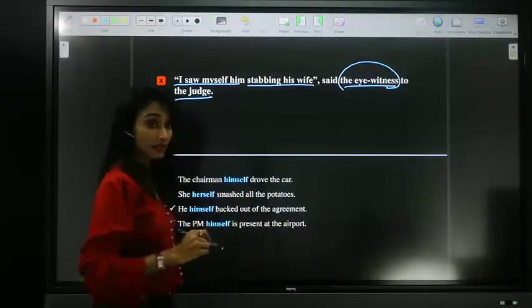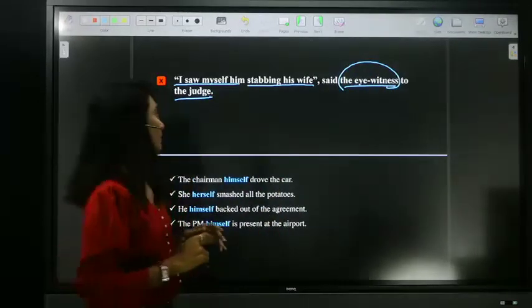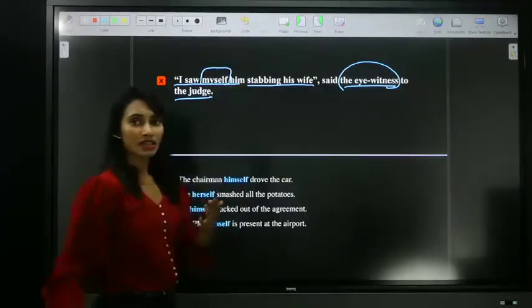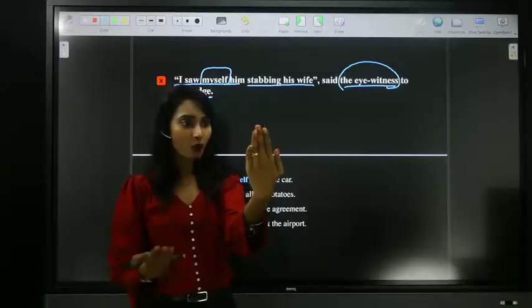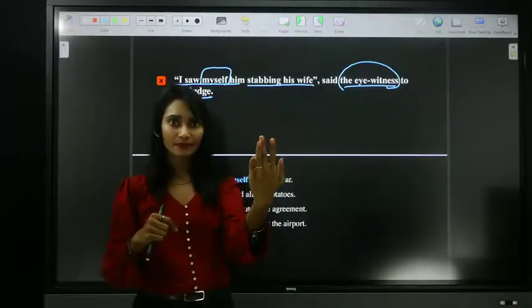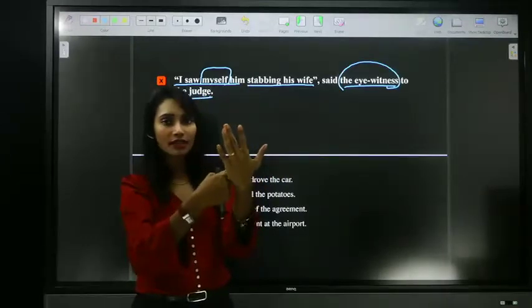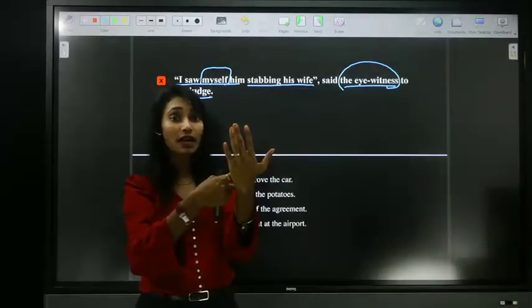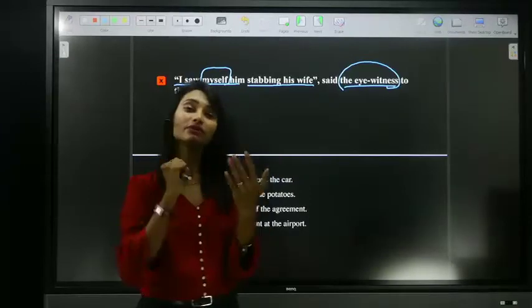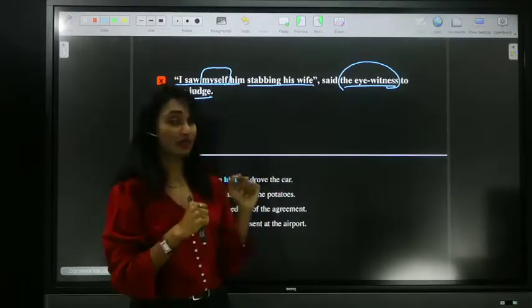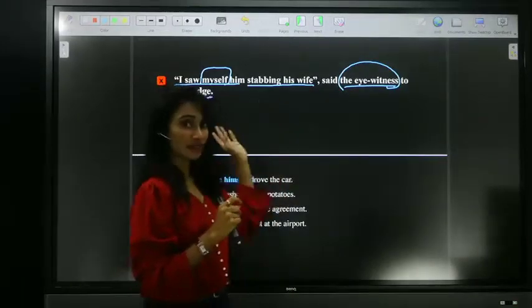The eyewitness, to the judge. Now, what did he say? I saw myself. If he saw himself, how can he become the eyewitness? If he saw himself, how does he know that he killed his wife? Then he cannot become an eyewitness, right? But he is an eyewitness. We are told clearly, said the eyewitness to the judge.